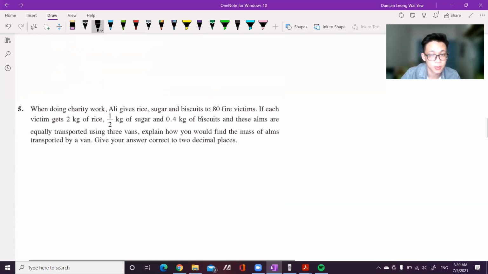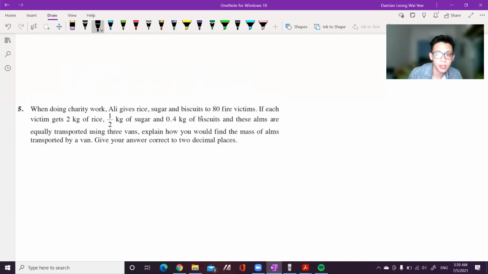Question 5. When doing charity work, Ali gives rice, sugar, and biscuit to 80 fire victims. So if each victim gets 2 kg of rice, half a kg of sugar, and 0.4 kg of biscuits, and all these alms are equally transported using 3 vans.